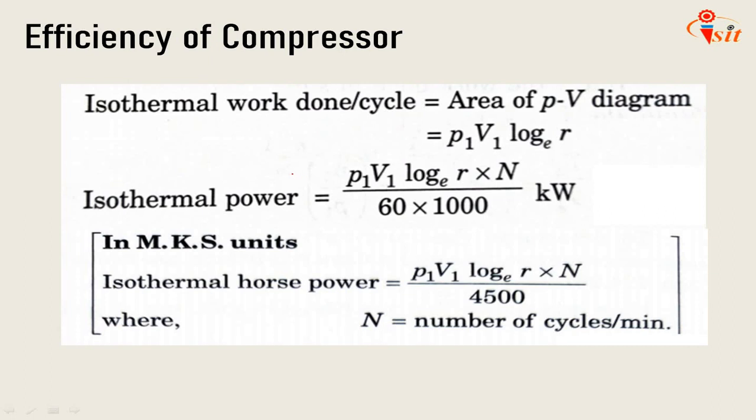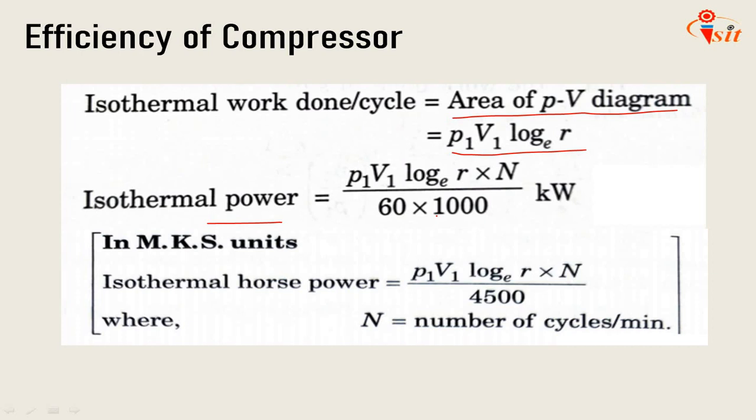The theoretical horsepower of a compressor is calculated on the assumption that the compression curve on the PV diagram is an isothermal. Then isothermal work done per cycle is nothing but the area of the PV diagram, that is P1 V1 log R to the base E. Similarly, isothermal power is P1 V1 log R to the base E multiplied by N divided by 60 into 1000, that is in kilowatt.